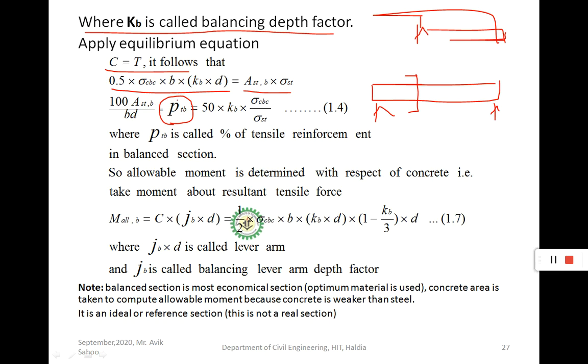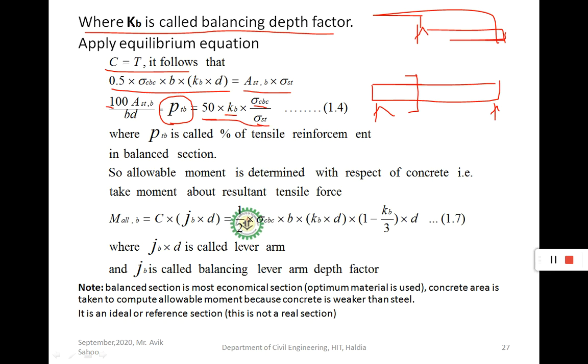The expression of percentage of tensile steel is equal to 100 into AST by bD. Now if I rearrange this equation, we get this relation, the percentage of tensile steel, which is equal to 50 into kb into sigma CBC by sigma ST. So again the percentage of tensile steel depends only on the grade of concrete, grade of steel, and balancing depth factor.